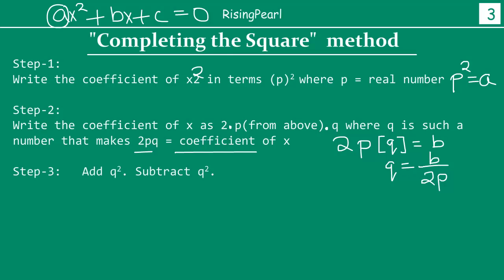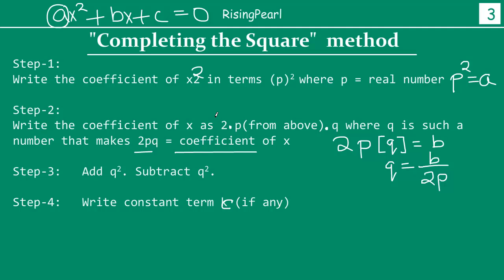The next step is we are going to add q square to our quadratic equation, and then we are going to subtract q square. We will find out why we are going to add q square, but we cannot change a quadratic equation. So if we add q square, we have to subtract q square. Then we write the constant term, which is c.